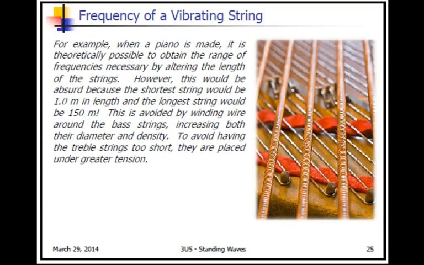When a piano is made, it is theoretically possible to obtain the range of frequencies necessary by just altering the length of the strings. However, this would be absurd because the shortest string would be a meter and the longest string would be 150 meters. So you can make a piano that large to get all of the sounds of the piano, but that would be just by altering the length. That's why we alter other things like the density and the tension.